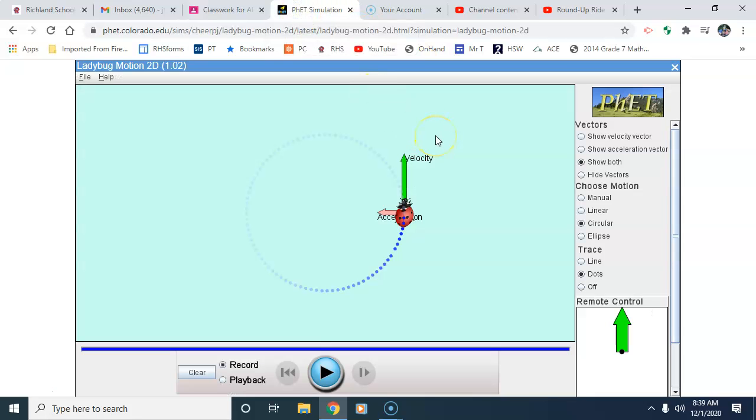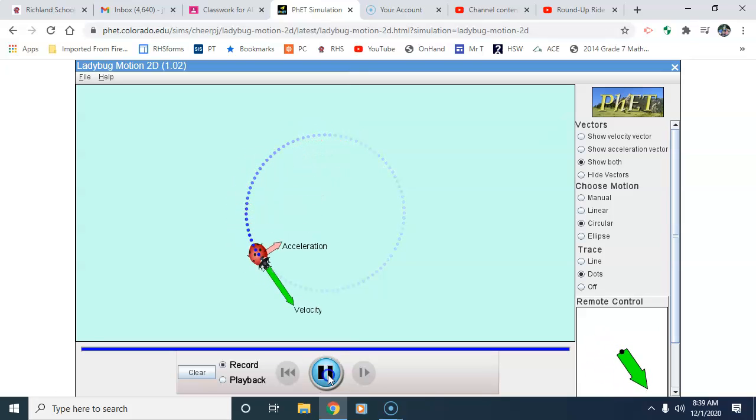Because Newton's laws, which we discussed, especially his first law, state that an object moving at constant velocity will stay at constant velocity unless acted upon by an unbalanced force. But remember, this object, or any object in circular motion, is not moving at constant velocity, because the velocity is constantly changing direction, right? So that must mean there's some unbalanced force holding this ladybug on.